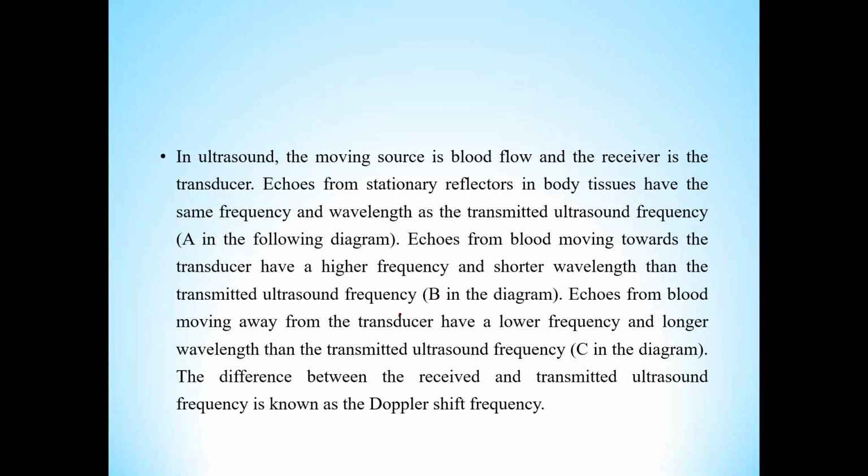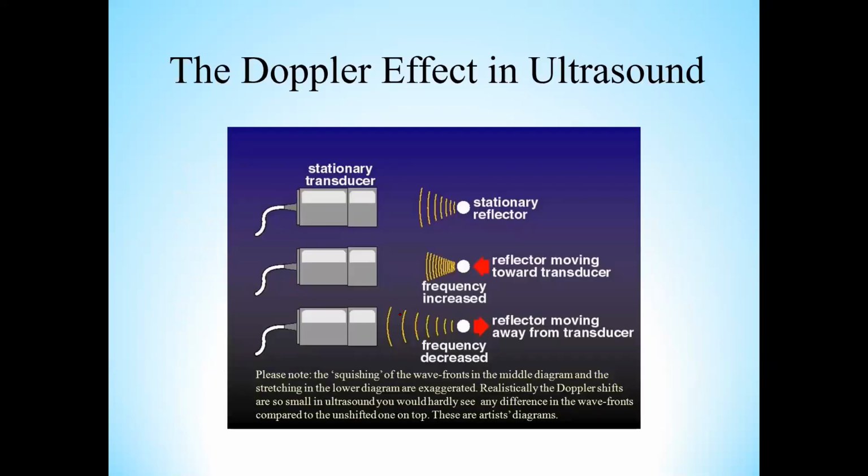So I'll show you it soon. Here you can see, in the first image, the source is neither moving away nor towards the transducer, meaning it's stationary. So the transmitted and the receiving frequencies are the same. There is no difference between the two frequencies.